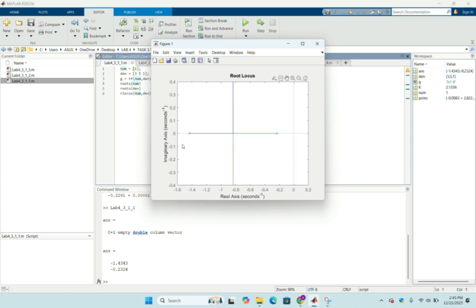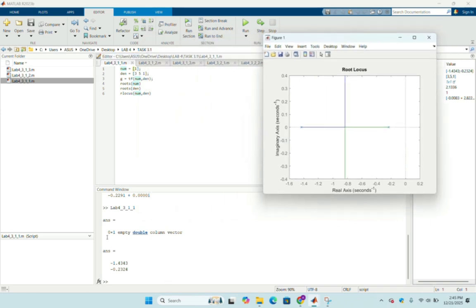and no zeros in this graph, and there are two infinite zeros. Here we can see two different colors, blue and green, which refer to the two infinity zeros.